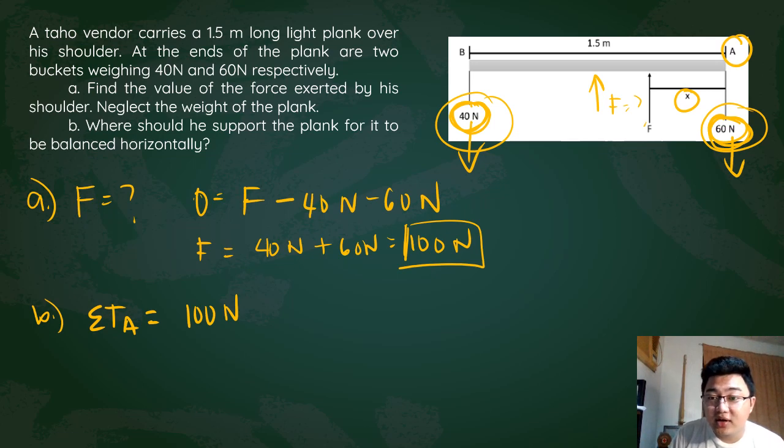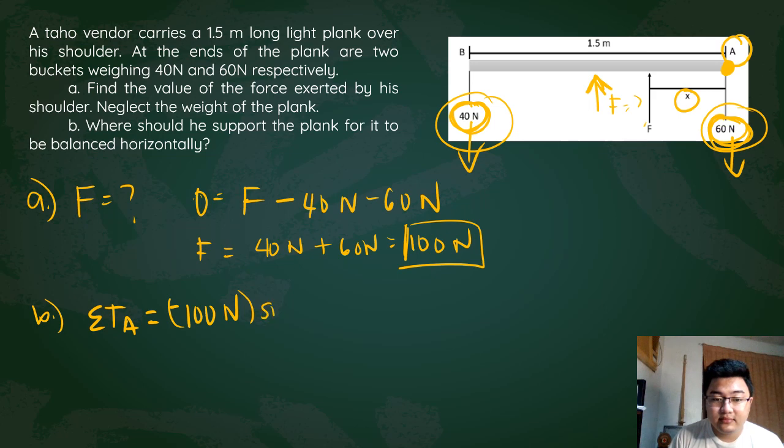But if this is your axis of rotation, remember that we need to identify what direction of rotation the force will cause. If this is directed upward and this is the point of rotation, then it will cause a clockwise rotation. Therefore, the force is labeled as negative.